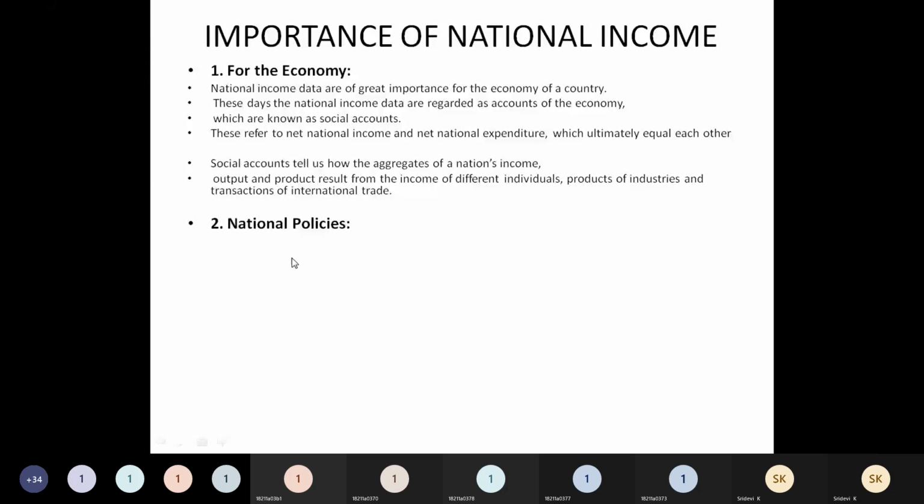And the second importance of national income is for creating national policies. National policies means, for example, if you take employment policies, to what extent the employment can be increased, what are the changes that they need to bring in the employment. All those come under creating of national policies. So for this also, national income will help.